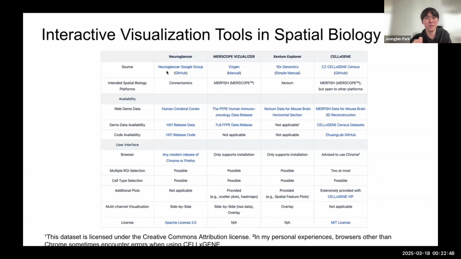I named a number of important visualization tools of interest. For example, Neuroglancer deals with connectomics data, and was developed by the Google science team. Also, the MERSCOPE team has provided the MERSCOPE Visualizer, which has good functionalities, and Genome Explorer and CELLxGENE Census have also provided different visualization tools.